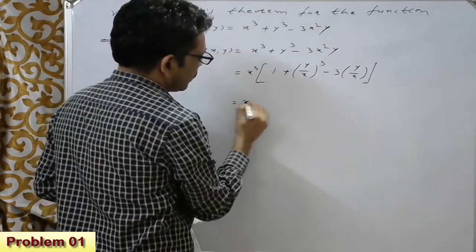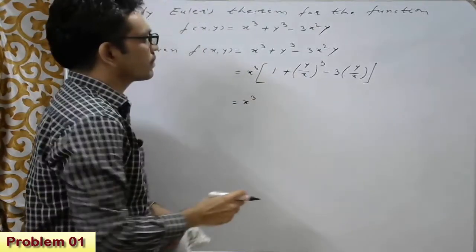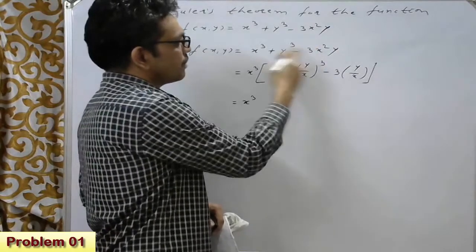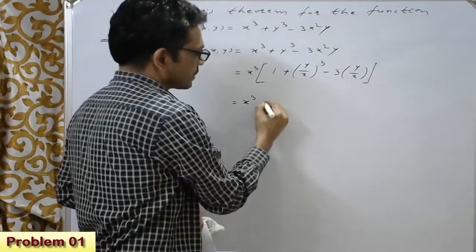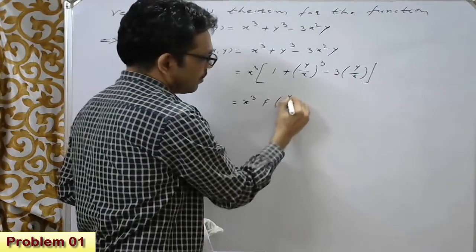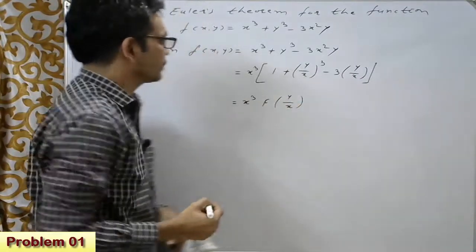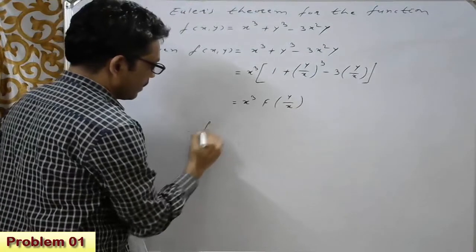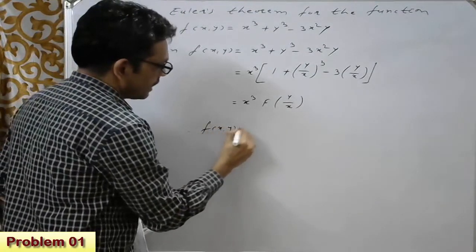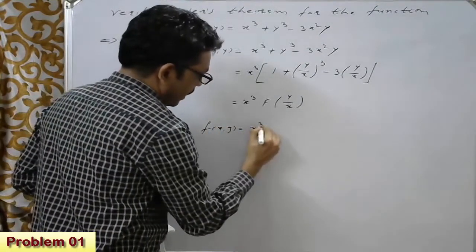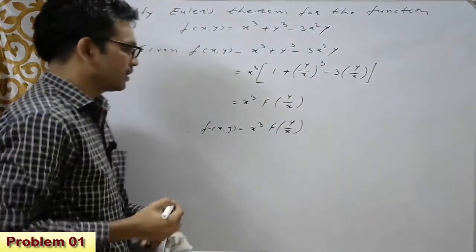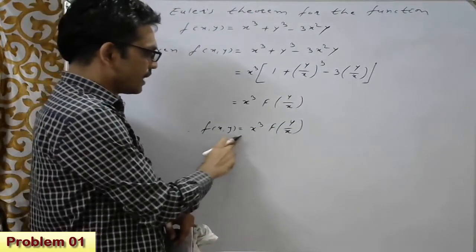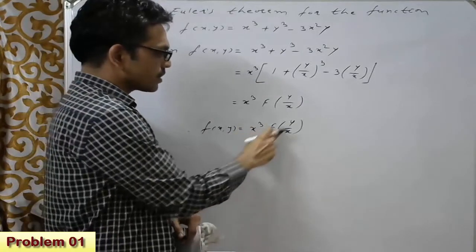So this is equal to x^3 into, see, this expression can be written in this form, that is, this is a function of y/x. Therefore, the function f(x,y) is equal to x^3 into the function of y/x.